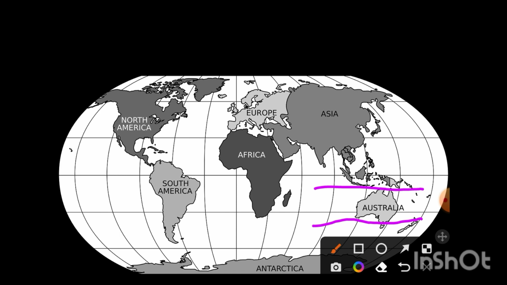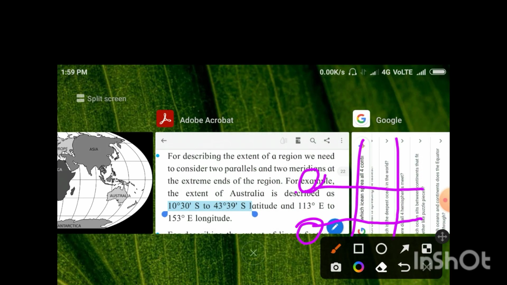Whatever figure we find here will be the latitude of Australia, and the semicircle should touch Australia again. With the help of this semicircle, I'll find the longitude of Australia, and it's written here.